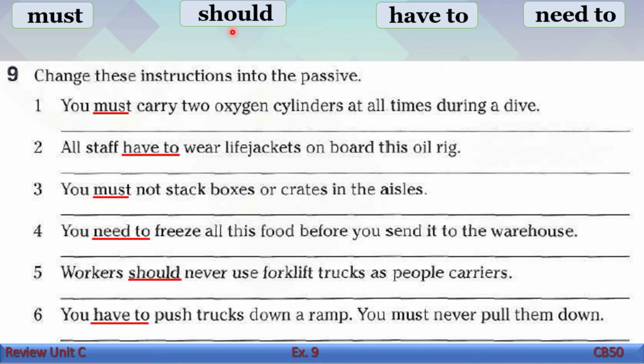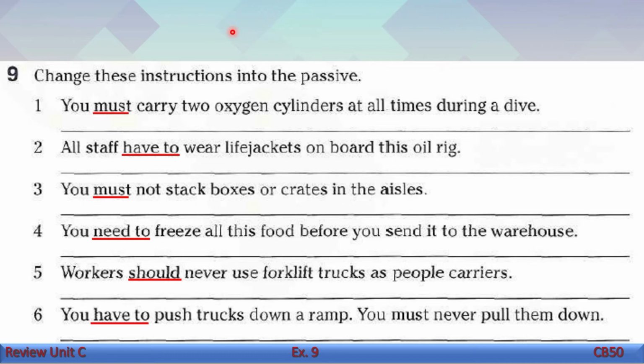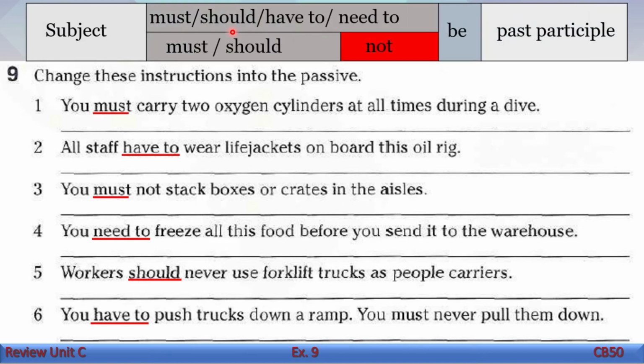Now, do you remember the structure of passive with modals? Okay. The structure is subject, then for the positive we can have must, should, have to, need to, followed by be and the past participle. And for the negative we can have must, should, not, be, and then the past participle.